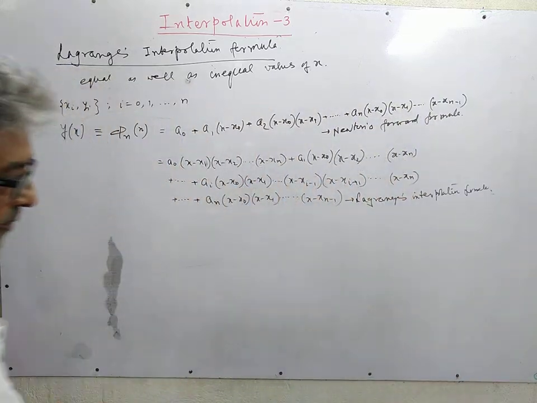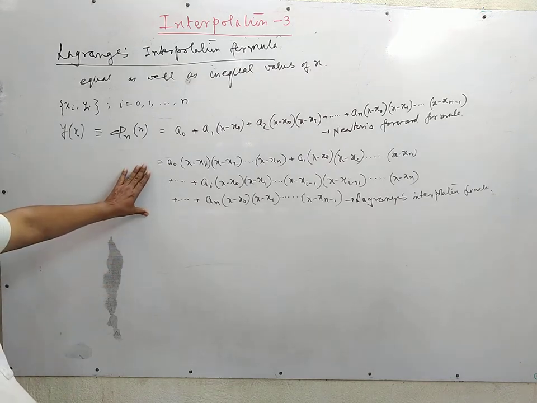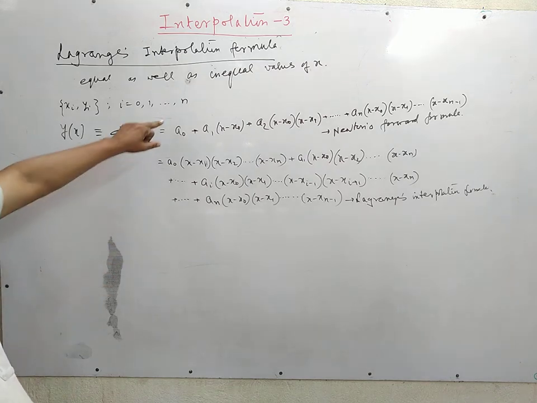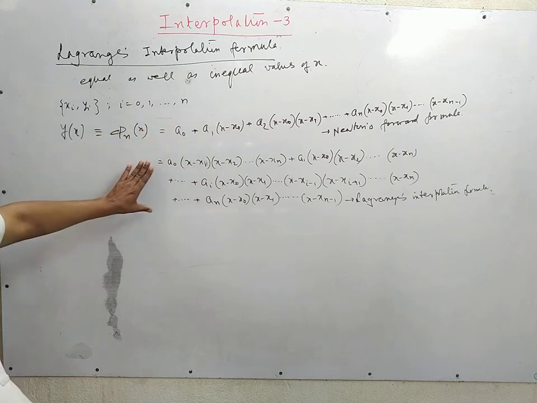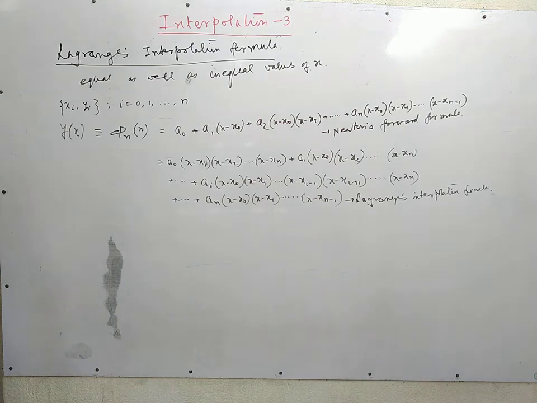It is seen that at first sight, this formula appears to be a bit cumbersome, but it will be found that so far as computer implementation is involved, this is a very systematic one.